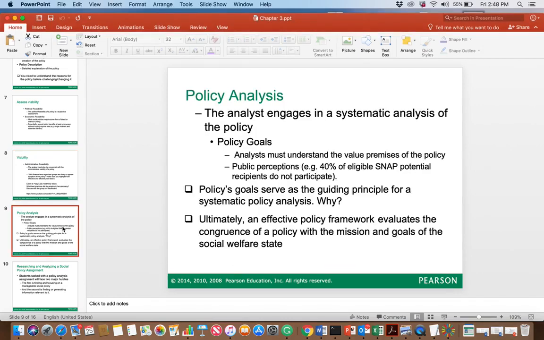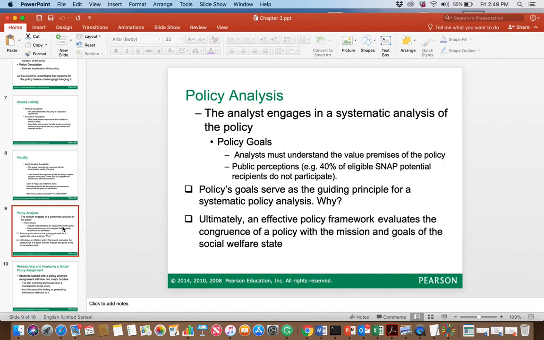So policy analysis engages a systematic analysis of how the policy was done in the first place. The key operative word there is systematic. It examines the goals. For example, analysis must understand the value premises of the policy.